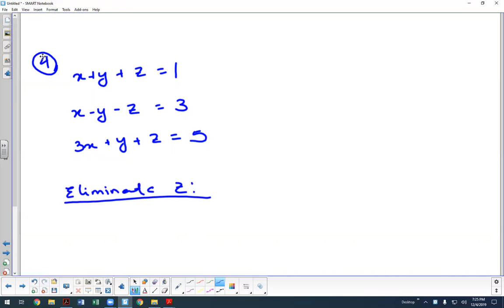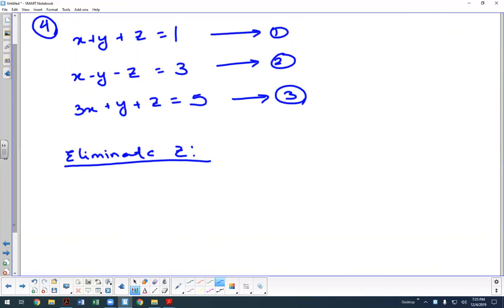Let's eliminate z this time since we did y for the other example. Again, equation 1, 2, and 3. Won't you get x off adding 1 and 2?